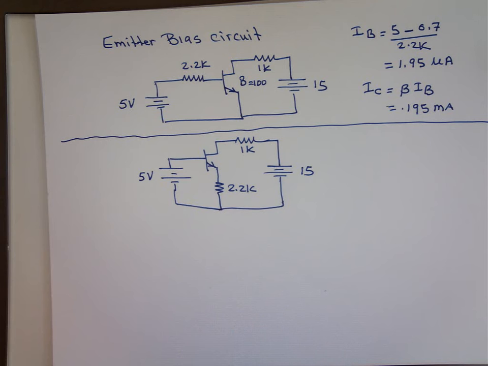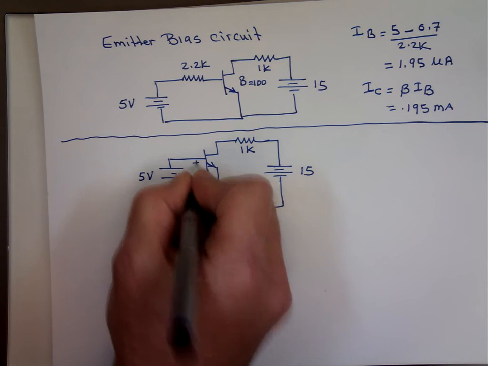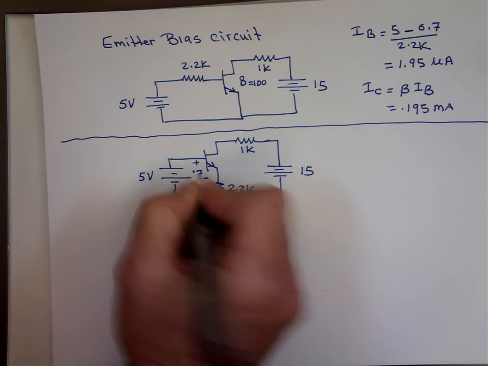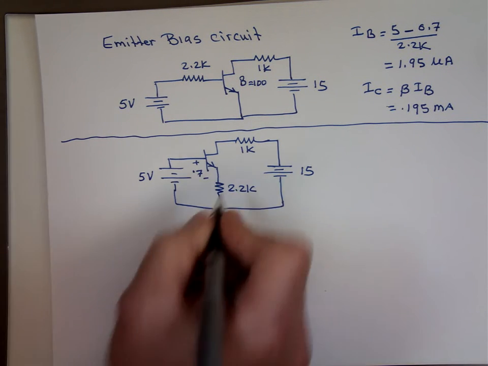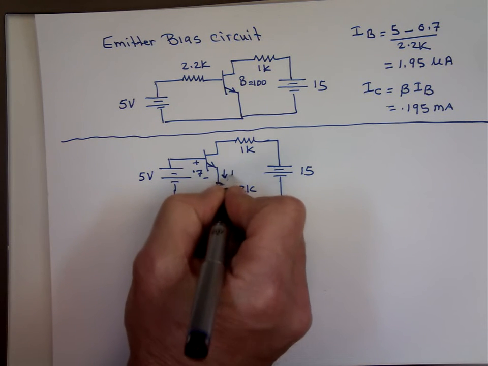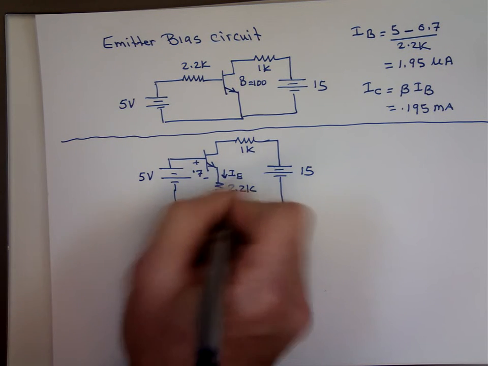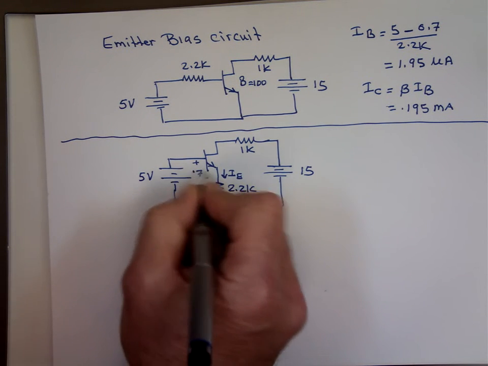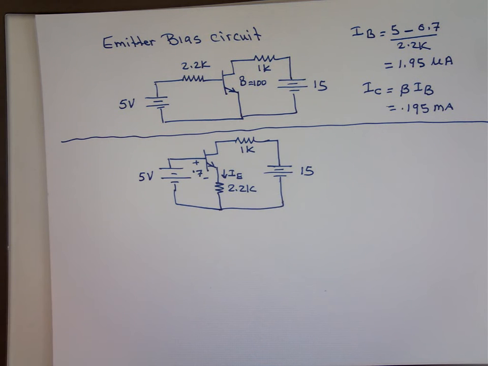Now what about for this one? So let's look and see. This is the 0.7. This is I sub E coming down. If you do Kirchhoff's law, the sum of the voltages in a closed loop is what? 0.